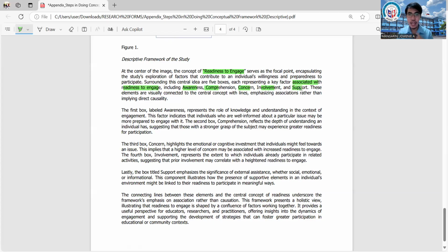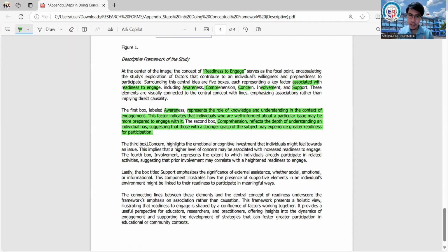Then after this paragraph, no, meron pang sinabi dito na the first box labeled awareness, and then they just describe here the context of awareness. The second box is comprehension, and then they just describe here the concept of comprehension.